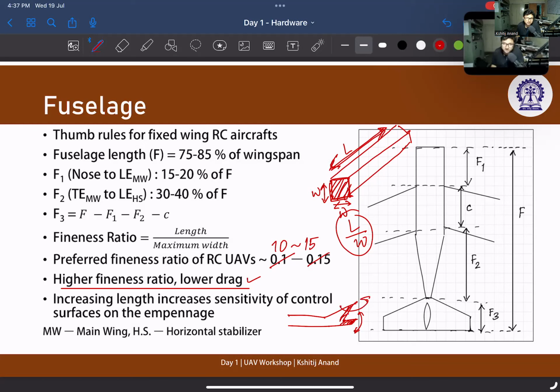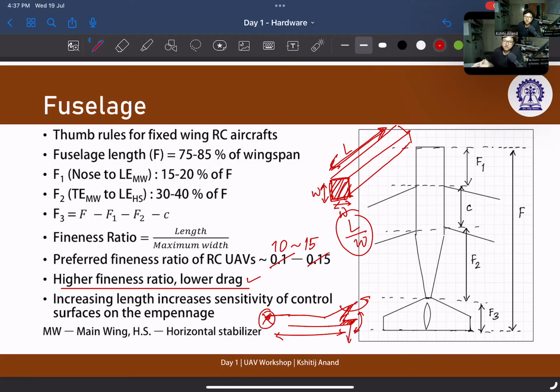The elevators control pitch and the rudders control yaw and to some extent roll also. So now this is the CG, which is roughly going to be near the wing. And if this length is too much, then even a small force by this rudder or elevator is going to produce a huge moment. So it is going to become very sensitive.